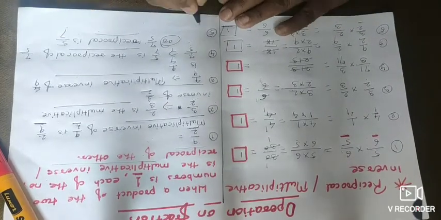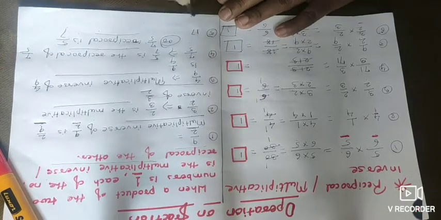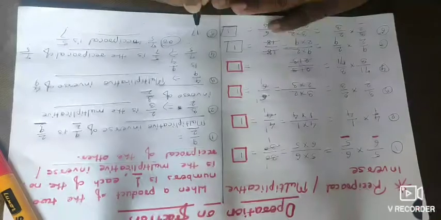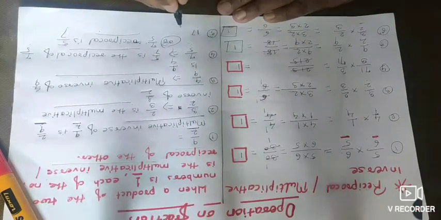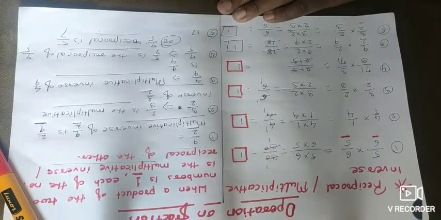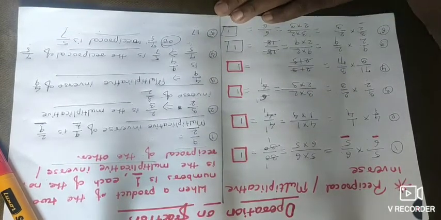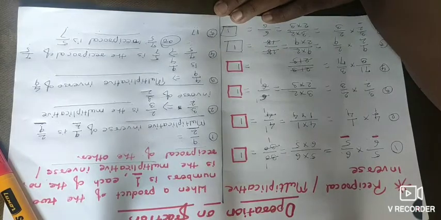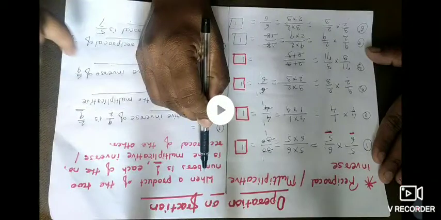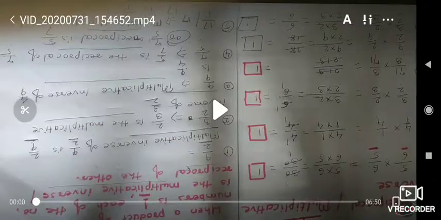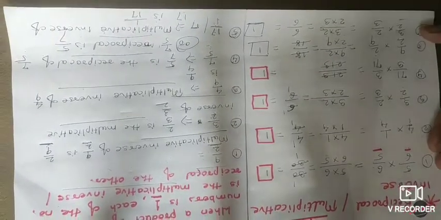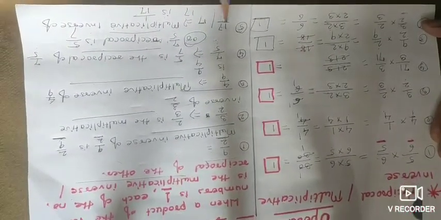Suppose I took here 17. So what is the multiplicative inverse of 17? Yes, here denominator is there? No. So when there is no denominator, which number is present over there at the denominator position? That is 1. So here it is 17, and as you know that 17 has the denominator 1.